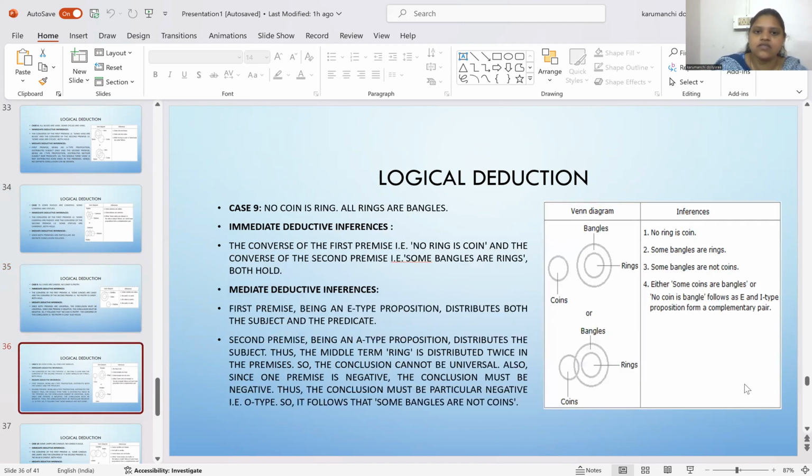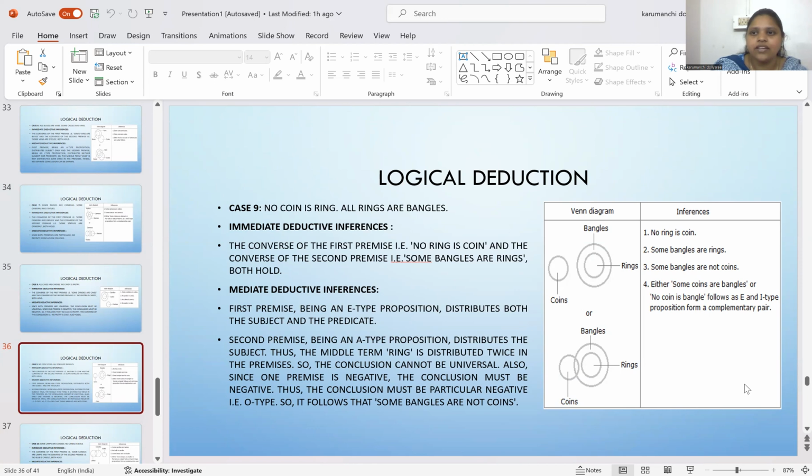And the next case is: no coin is ring, all rings are bangles. Here, in immediate deductive inference, we are declaring converse statements out of the given premises. And the immediate deductive inference is based on the affirmative or negative propositions, where we derive whether the term is distributed or undistributed.